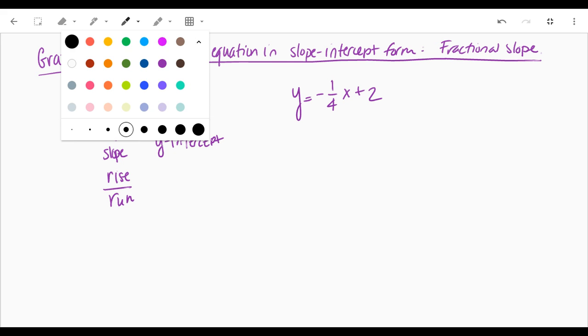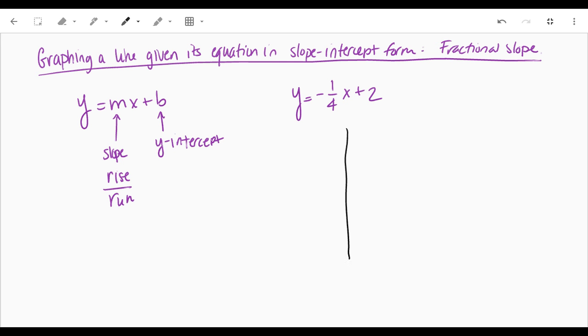So when we graph it, the first step is to find your y-intercept. Your y-intercept is 2, so we're going to intercept the y-axis at 2. Okay, now your slope is negative 1/4.